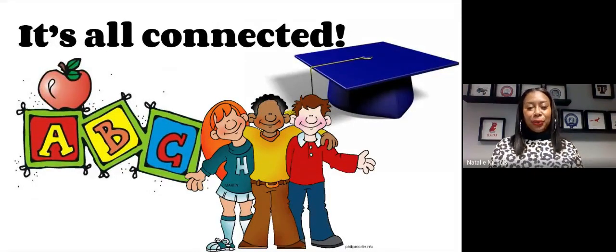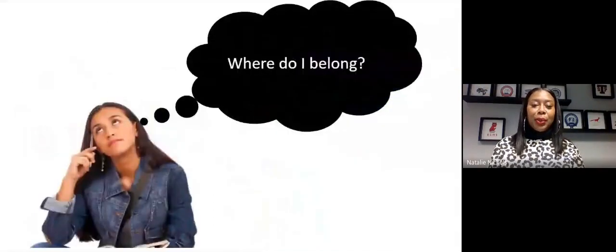One of the things to know, the reason why we're doing this, is to make sure that everyone understands that the choices that we make in fifth grade not only affect what happens in middle school, but have implications for high school and college as well. So we want to make sure that everyone's making good choices.